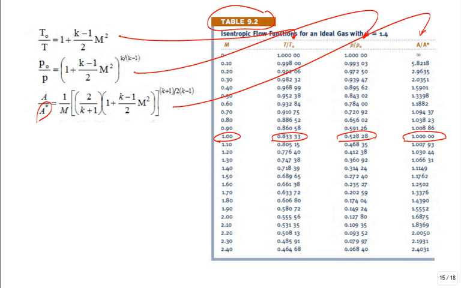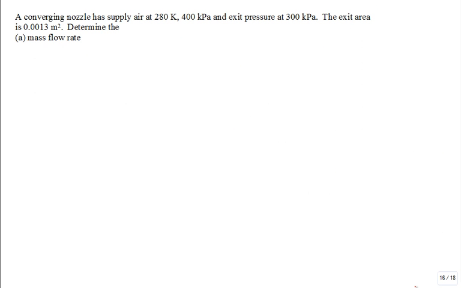This number right here is an important number because you can answer questions like this. I have a converging nozzle. It's supplied with a temperature and pressure, and there's an exit pressure. Forget about the exit area. Determine the mass flow rate through that nozzle.